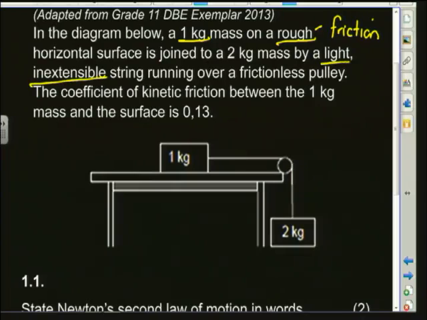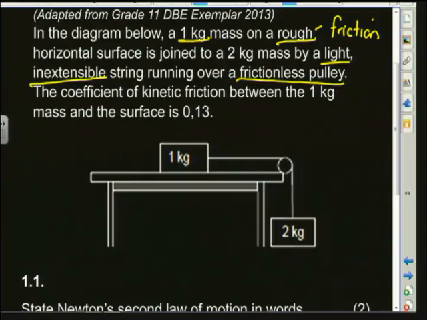What that means is that the string joining the 1 kilogram and the 2 kilogram can't stretch, first of all, and its mass can be ignored. Remember, mass does play a part in Newton's second law, but we're saying ignore it. It is also running over a frictionless pulley. Now, that's important because if there's friction in the pulley, which is my circle over here, that will affect the way it moves.